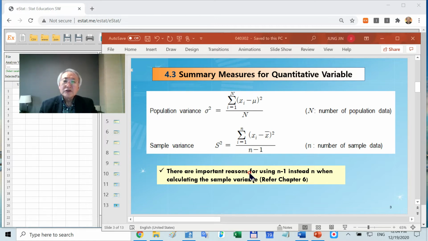There is an important reason why we are dividing by n minus 1 in case of sample, but let's postpone that discussion until chapter 6. We'll discuss in detail.